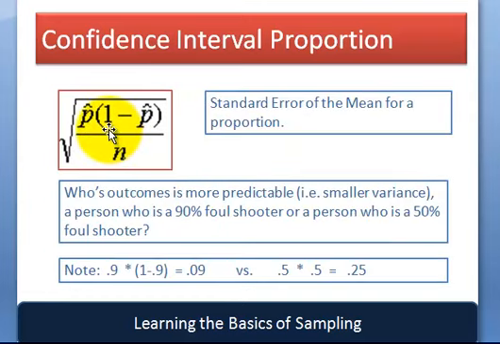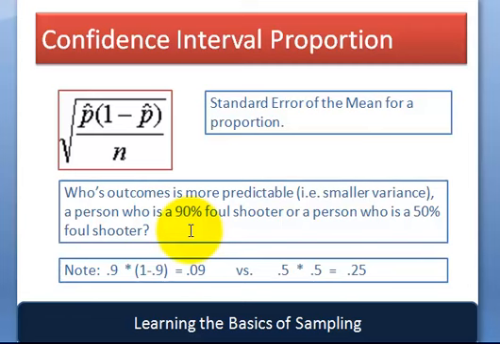This standard error of the mean for a proportion is somewhat interesting. Let's think about this for a minute. Whose outcome would you be more comfortable predicting? If I said there's a 90% foul shooter going to the foul line, and your job is to predict whether that person's going to make it or miss it, I think most of us would say the 90% foul shooter is going to make it, and we feel fairly confident in that.